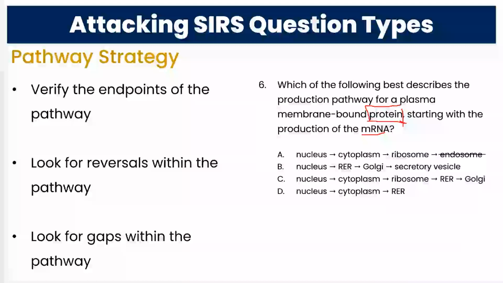Where does translation happen? Ribosome. There we go. So we got a gap here because we're going straight from the nucleus to the rough ER, and that's not too big of a gap except the ribosome's missing. Cytoplasm, that's more complete, but it's still missing the ribosome. We've got to have that ribosome to do this whole process. So at the end of the day, boom, there's our answer.